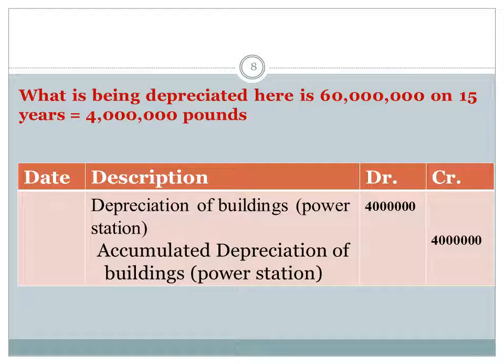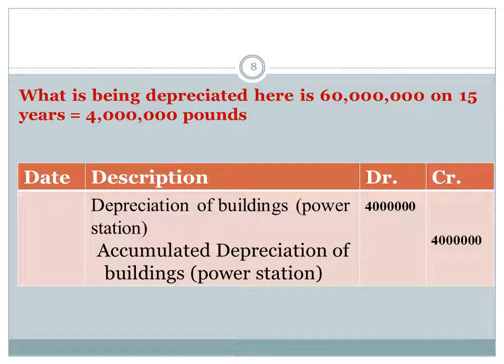2. What is being depreciated here is 60 million, because the building equals 90 million, but there is 30 million governmental grant, so the actual amount of the power station equals 60 million.